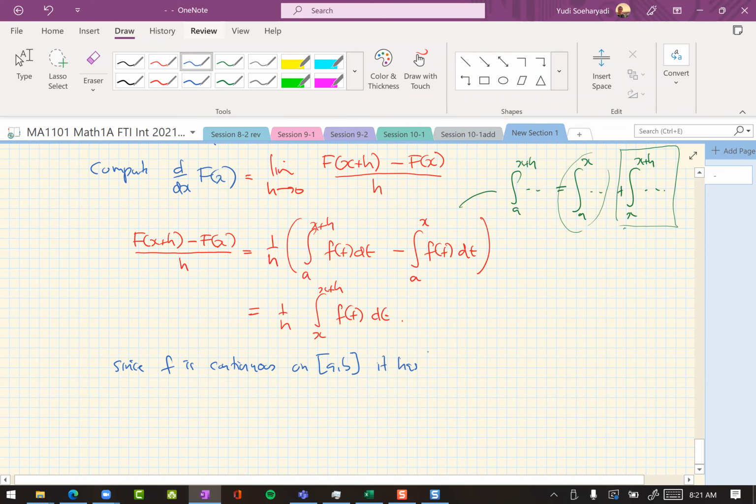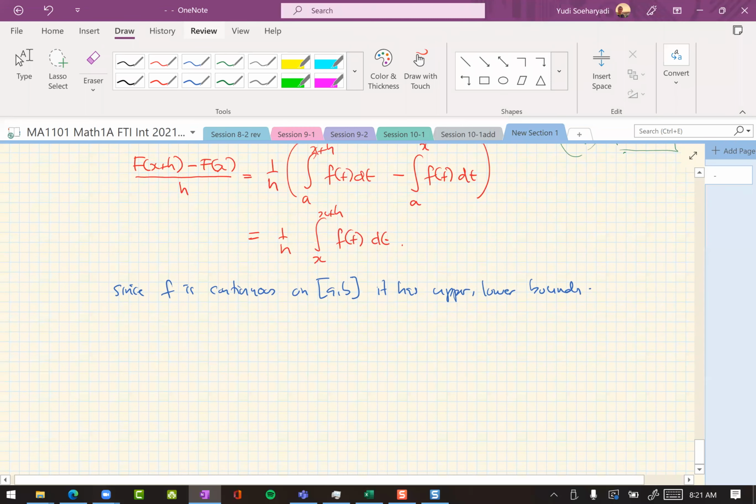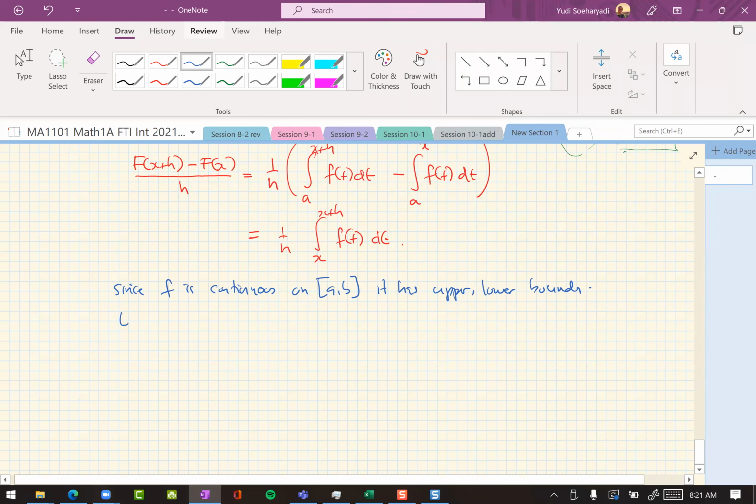It has upper and lower bounds. Okay, so we let m less than f of x less than M, x between a and b.